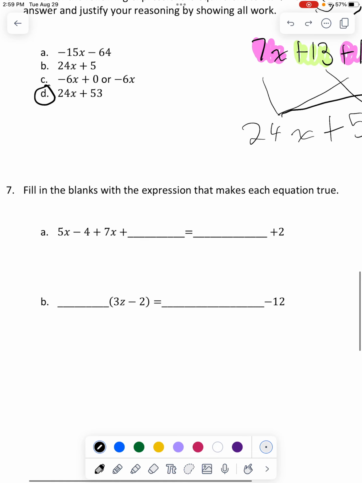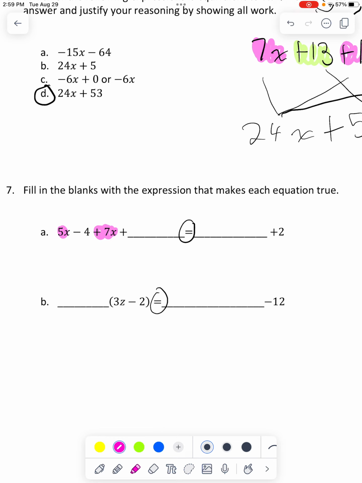Now this last problem, we have to pay attention to the equal sign. And so when there's an equal sign, we need to make sure that the equal sign is telling the truth. So for example, if I'm looking at the left side, I see 5x plus 7x.